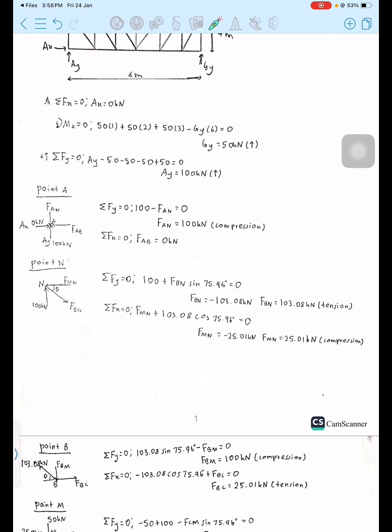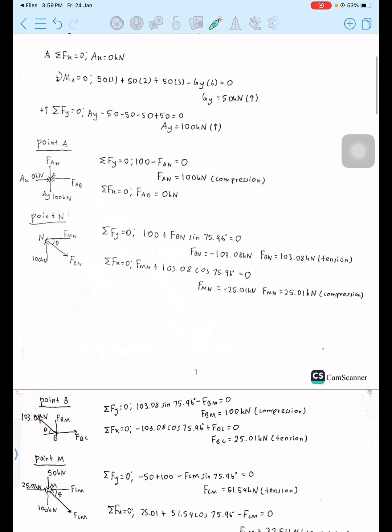So 100 minus FAN, because Ay is upward with magnitude 100 kilonewton, gives FAN equal to 100 kilonewton, and it is compression because it is towards point A. Then FAB is 0 kilonewton because sum of Fx equals 0 and AX is also 0 kilonewton, so no force in X exists.